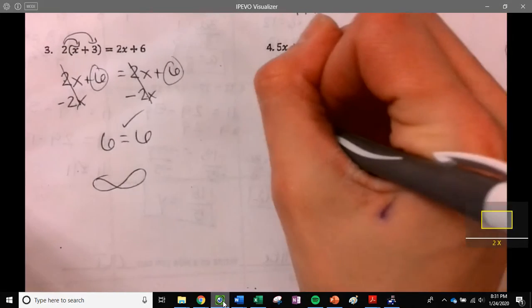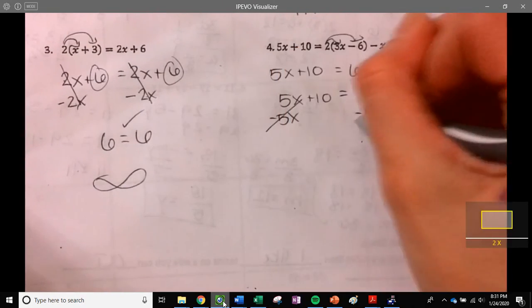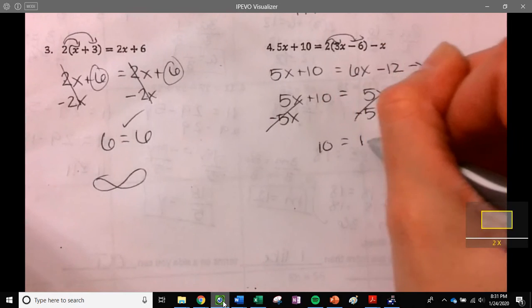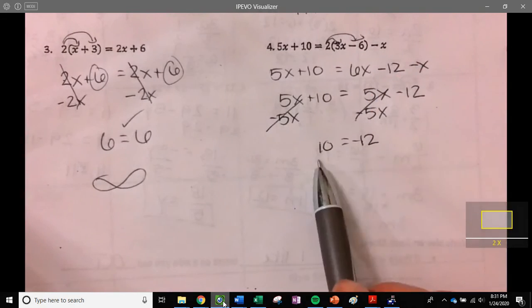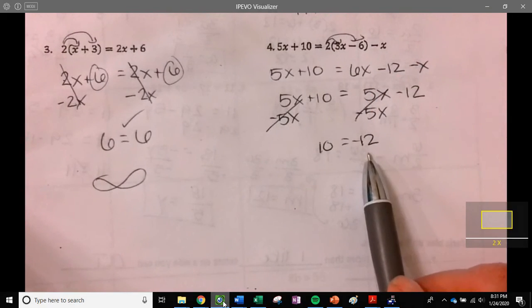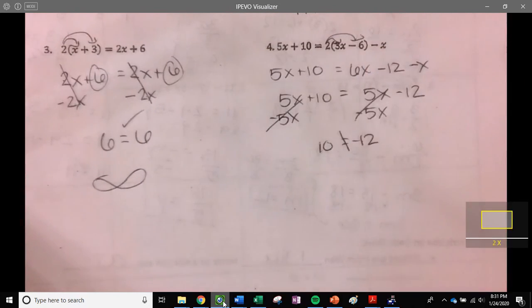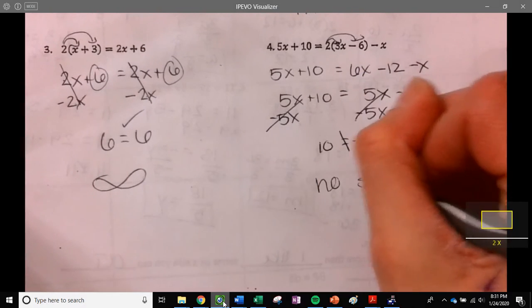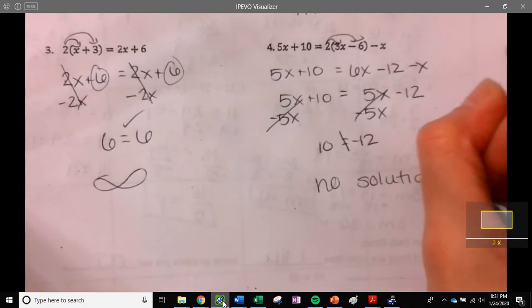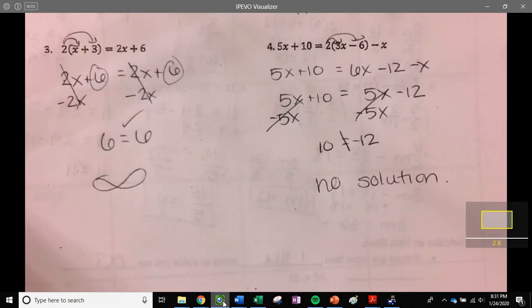So that means I have two constants that are not the same. 10 does not equal negative 12. In no world will 10 ever equal negative 12. So this does not work. No solution.